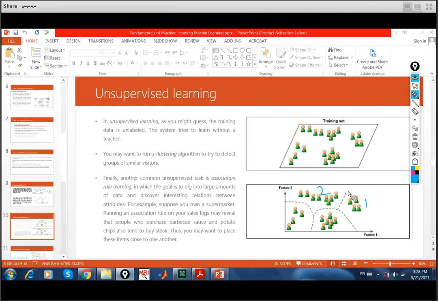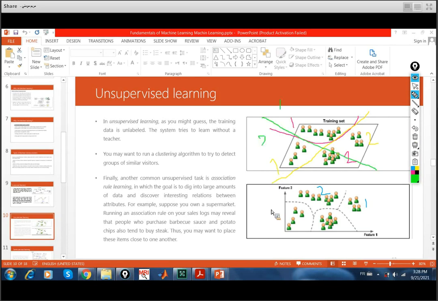Maybe a human considers this data like this: group 1, group 2. Maybe another person classifies it like this. Maybe another person classifies this data like this: group 1, group 2.